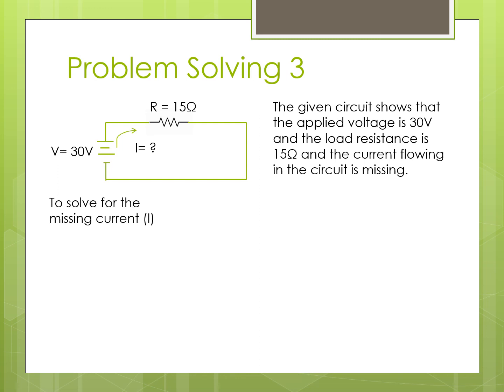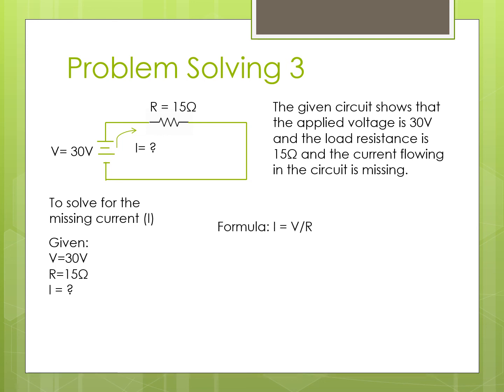So to solve for the missing current, or I, let us first take the given. Voltage is equivalent to 30 volts, resistance, R, is equivalent to 15 ohms, and I, or current, is missing.